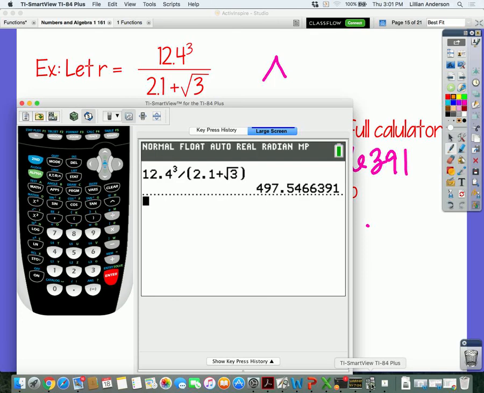Here's another trick. I'm teaching a lot of different tricks, but this next one's my favorite. Okay. Say I wanted to take this problem again and maybe add something extra to it. Like the one right up at the 12.4 to the third.